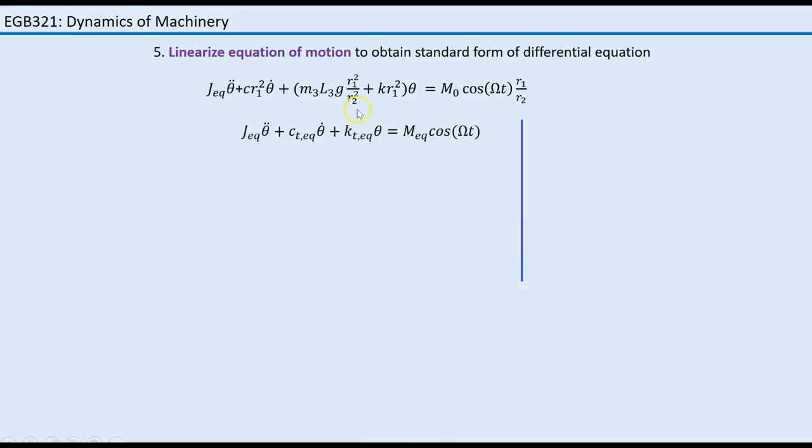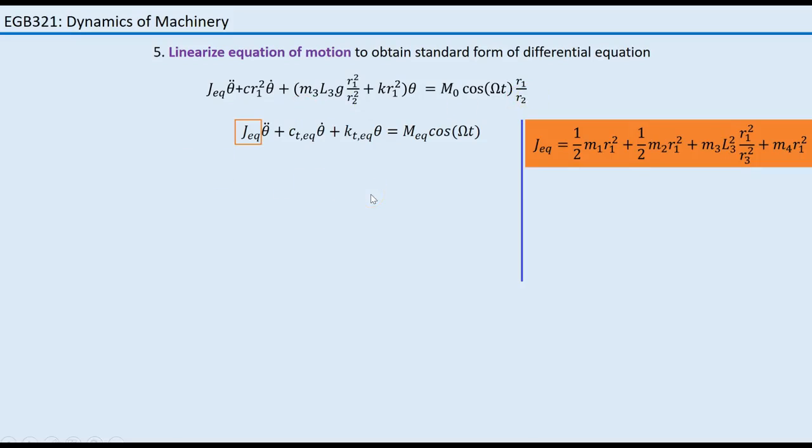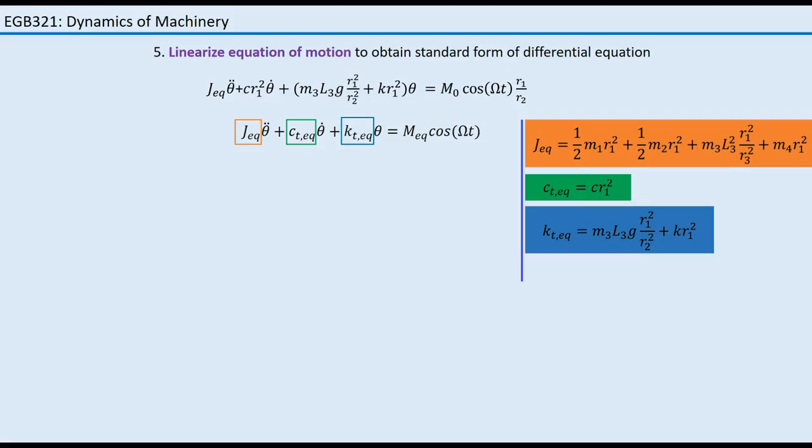Now if we just rearrange the equation and consider this part as C torsional equivalent, or coefficient of damping, this part as K torsional equivalent, which is the stiffness coefficient, and this part as moment equivalent, then the equation we get is this.